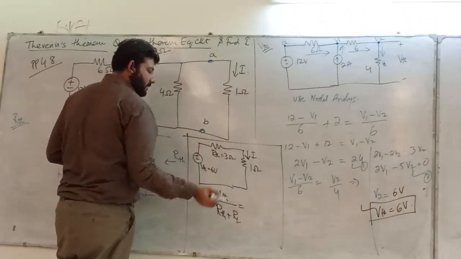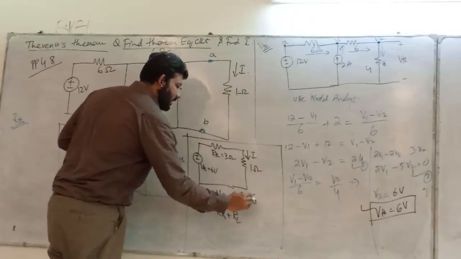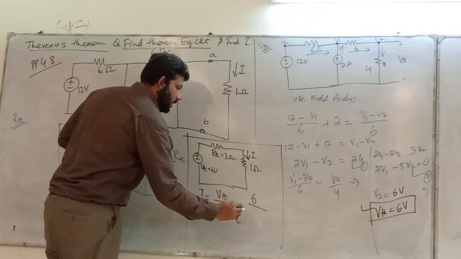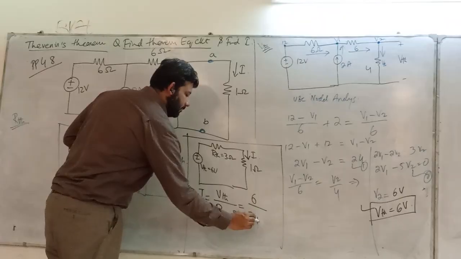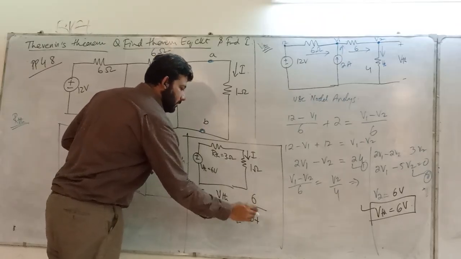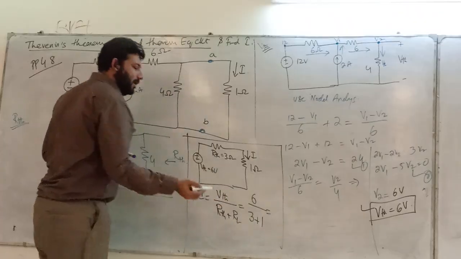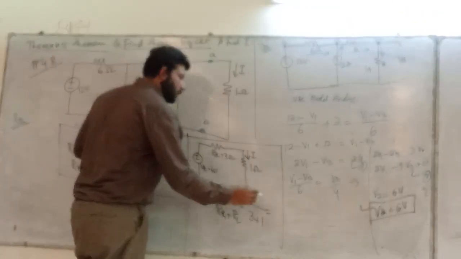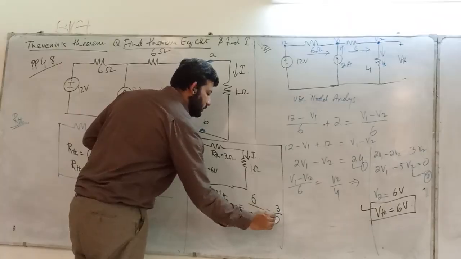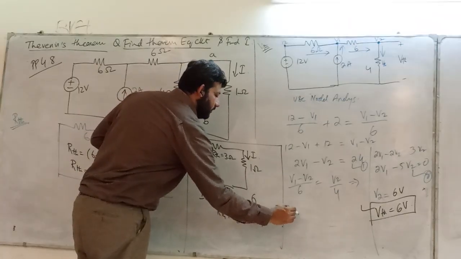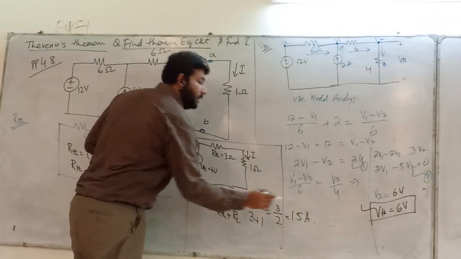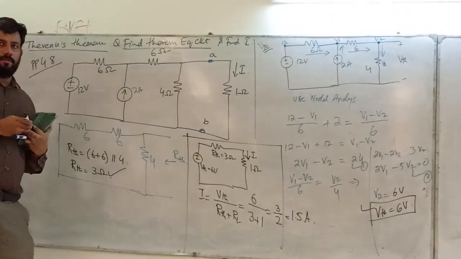RL कितनी है? 1. V Thevenin कितना है? 6 upon R Thevenin 3 plus RL 1. तो कितना आ गया? 6 upon 4. 3 upon 2. 1.5. Easy.